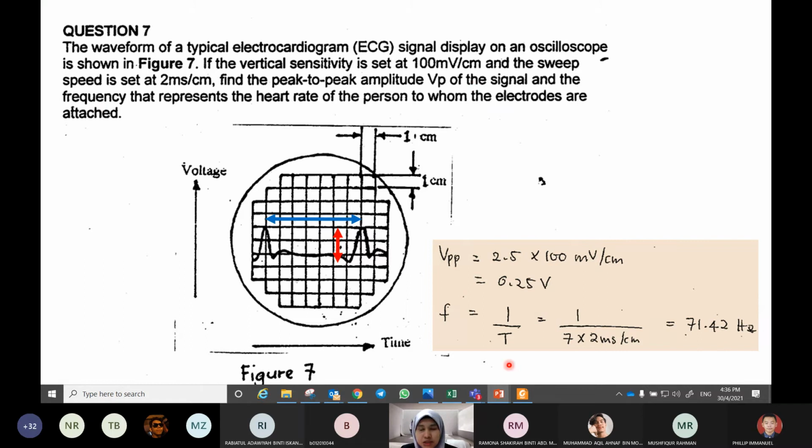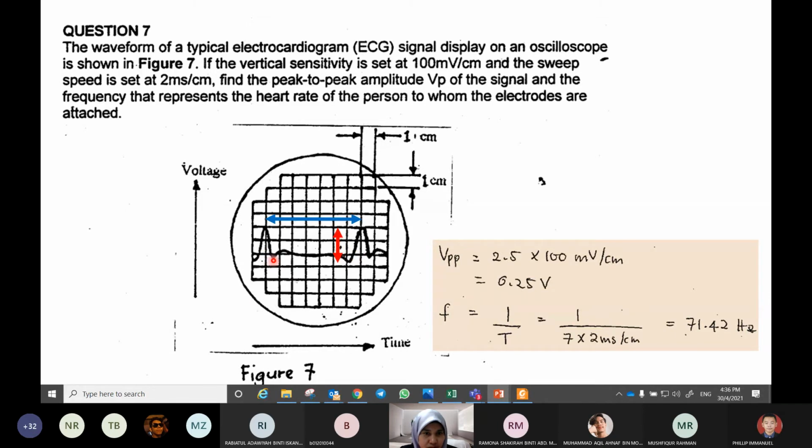And then frequency is equal to 1 over T. For one complete cycle, we can take from this peak to this peak, or from the starting to this starting, it will be the same.